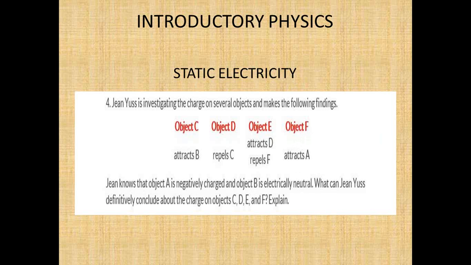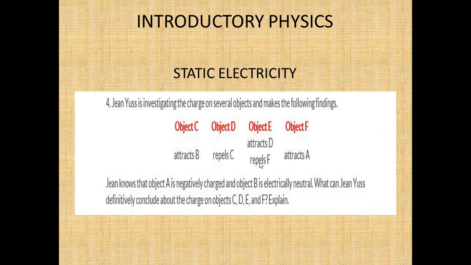But you can see that F repels E. A neutral object is not going to repel anything. So F can only be positive. F will attract A because A is negative and F is positive.